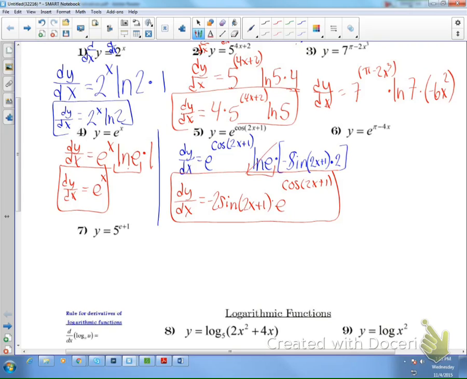Okay. I'll do 7. Do we have to do it out? We just gotta work on 7. No, wait, 5 is a constant. So it's 5 times the limit, 5 times 0. So that's just 0.